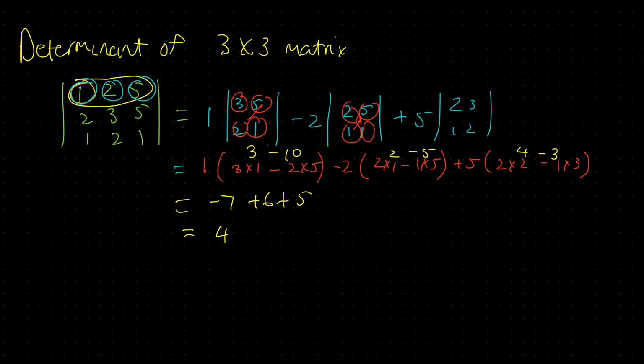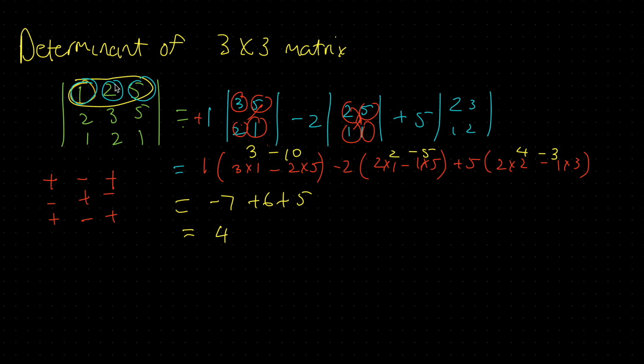So if we look at the signs, the first item was positive, next one is negative, and the following one was positive. If we determine the signs here, that's going to be positive, negative, and positive. The same will go for row 1. It's going to be positive, negative, positive, and then we can continue this pattern.